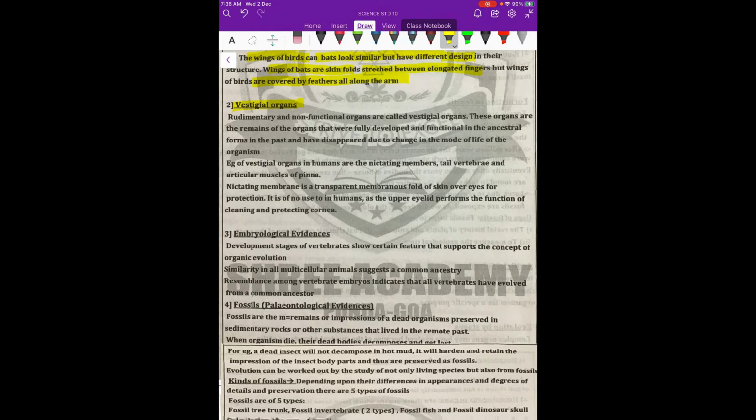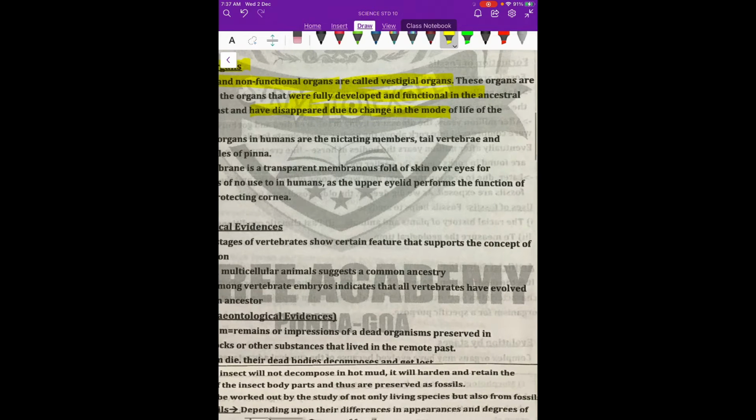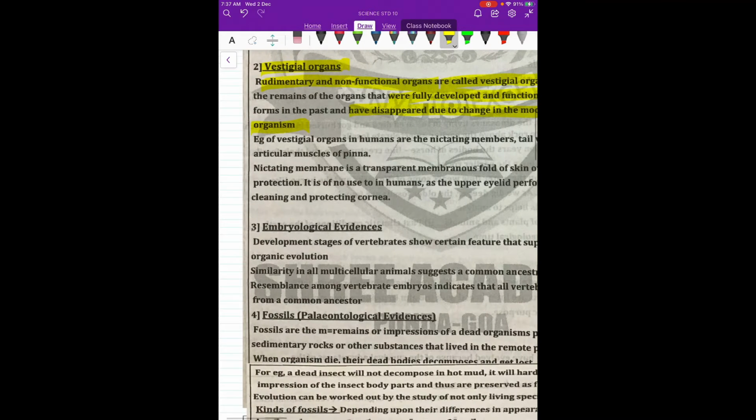These rudimentary and presently non-functional organs are called vestigial organs. They were fully developed at one time, many thousands of years ago, but then they have disappeared due to the change in the mode of life, in the habits, in the walking habits, sleeping habits, and all those behavioral changes have made some modifications in the original skeleton.